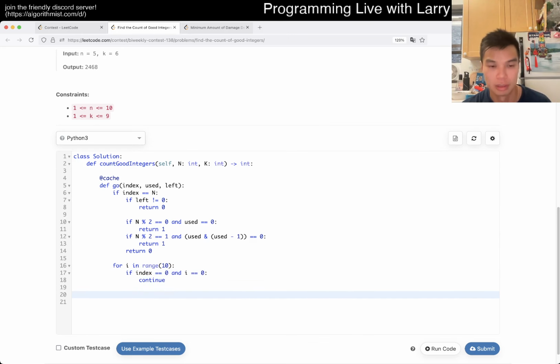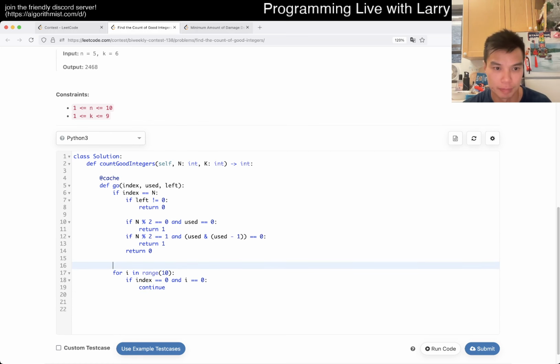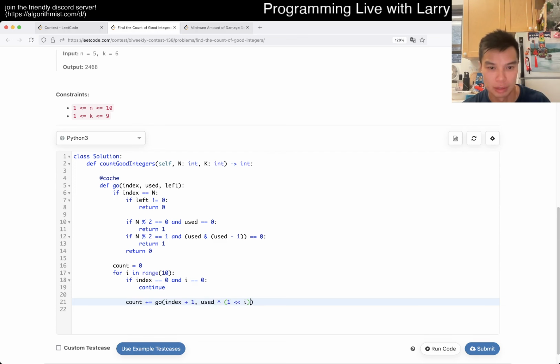Otherwise, we go index plus 1. Used flip 1 to i, and left is left times 10 plus i mod k. Right, something like this.